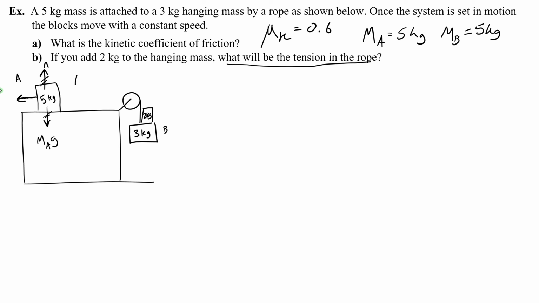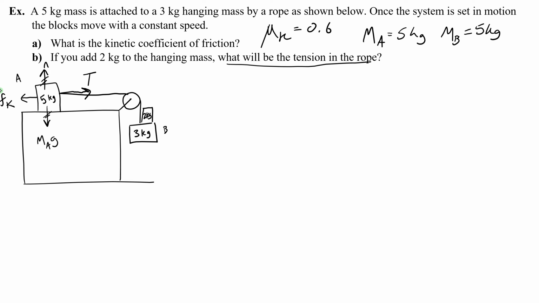I should kind of draw the tension short, because I don't have a lot of room here. Okay, so tension is going to be bigger than the force of friction because it's accelerating to the right, and I would still label this Fk, kinetic friction.